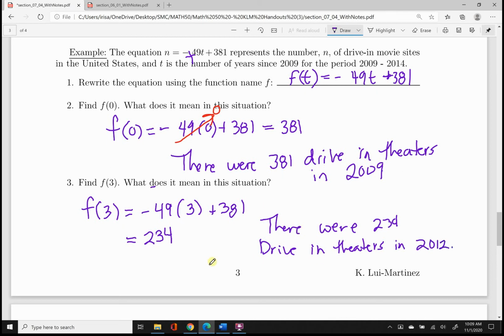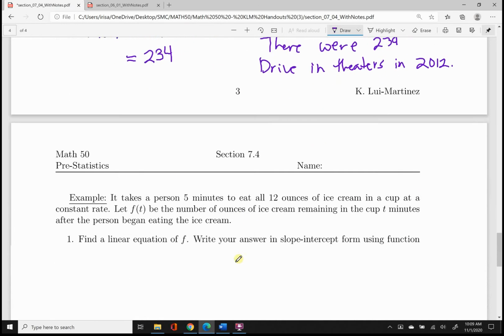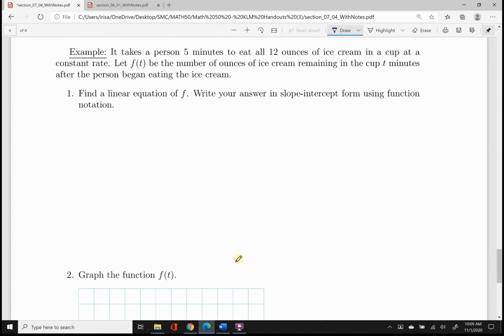Okay, cool. Before we move on, let me address the fact that there was a typo. The little period in front of the 49t after the negative sign was not supposed to be there. So make sure that you're removing that in your work, which you did, I'm sure, while following along with me. Okay, great. Moving on.